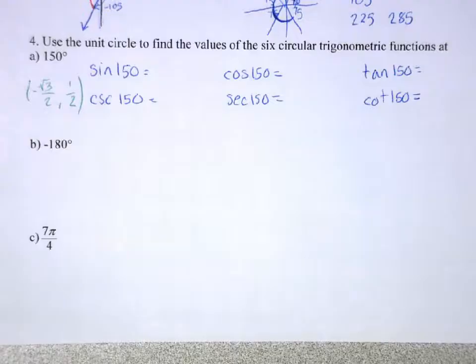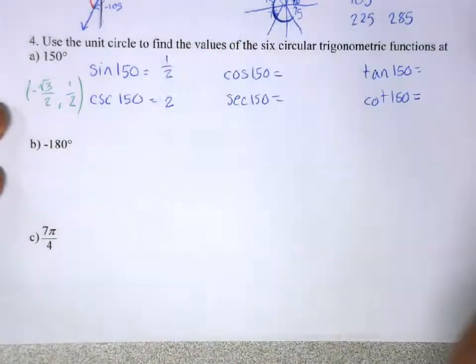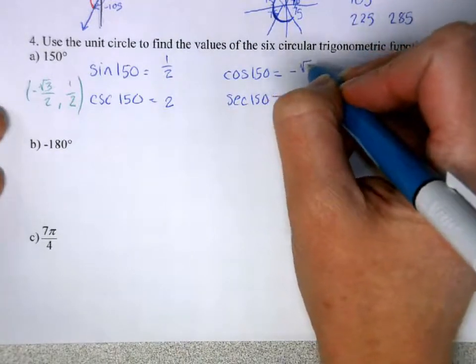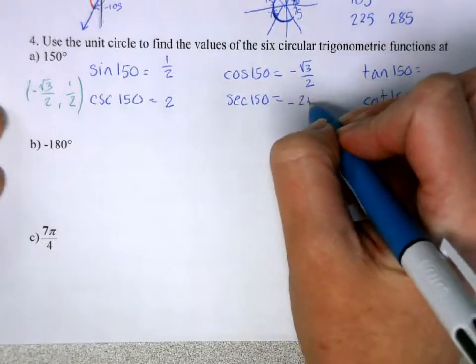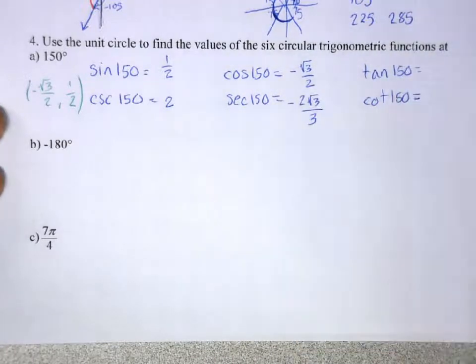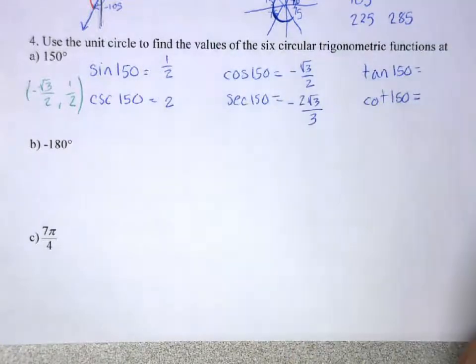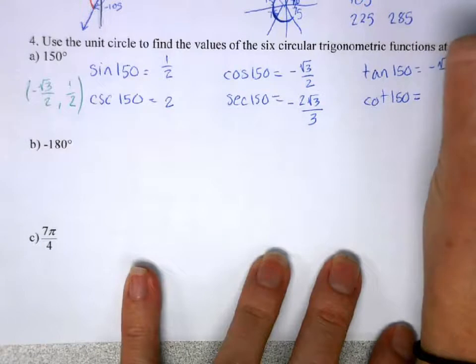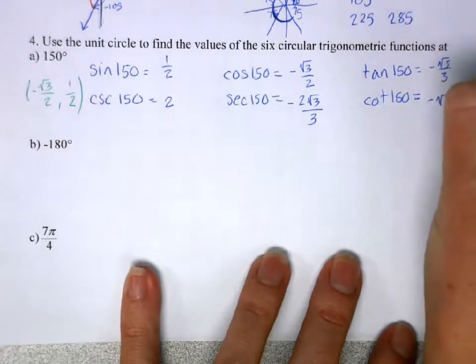Our sine value is 1/2, which means cosecant is 2. Our x value, or cosine value, is negative root 3 over 2, so secant is negative 2 root 3 over 3. And then tangent is the y value over the x value, which is negative root 3 over 3 when rationalized. The reciprocal of that is negative root 3.